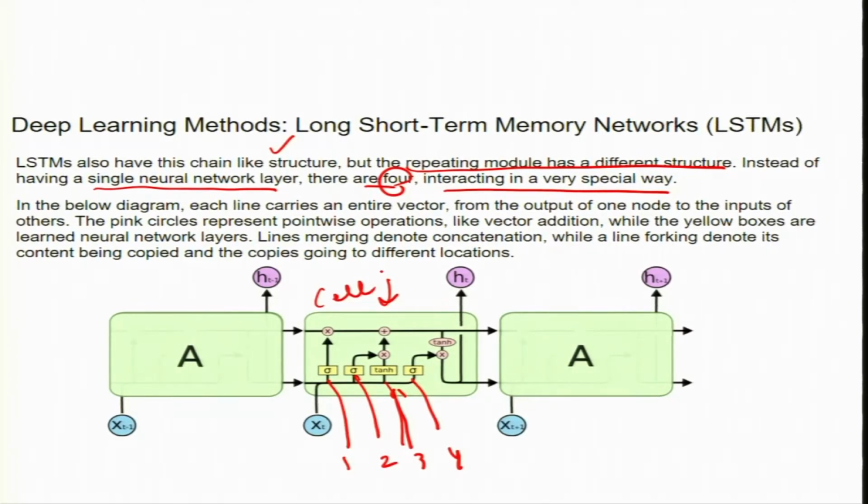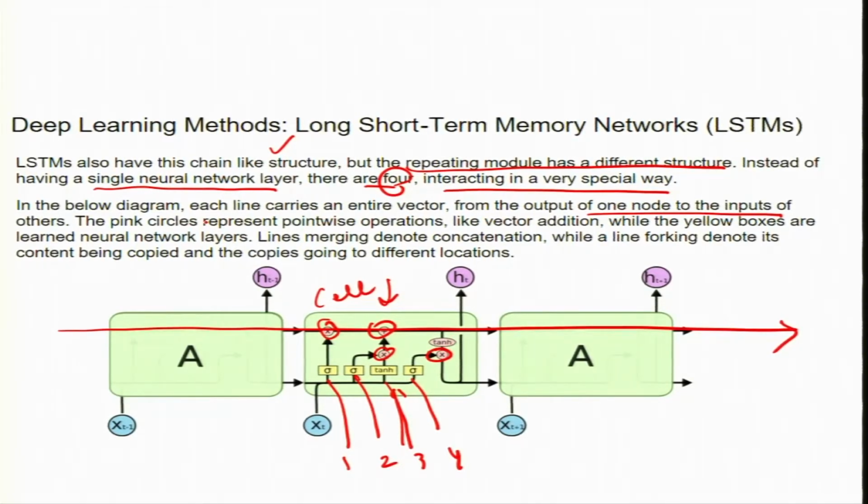of an LSTM network. So, in the below diagram, each line carries an entire vector from the output of one node to the input of the others. You can see that this is the input line to the cell, and the input keeps coming in the form of a stream or a flow, and then you can see here there are different vector operations being performed.